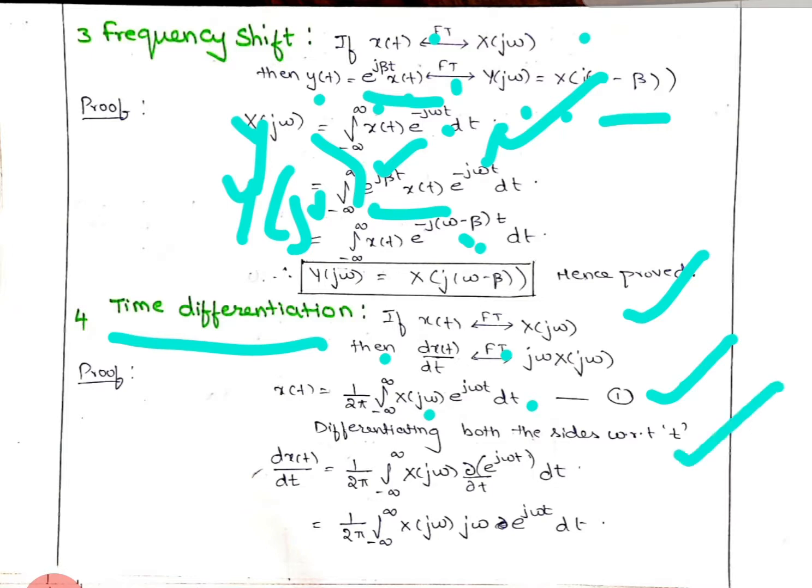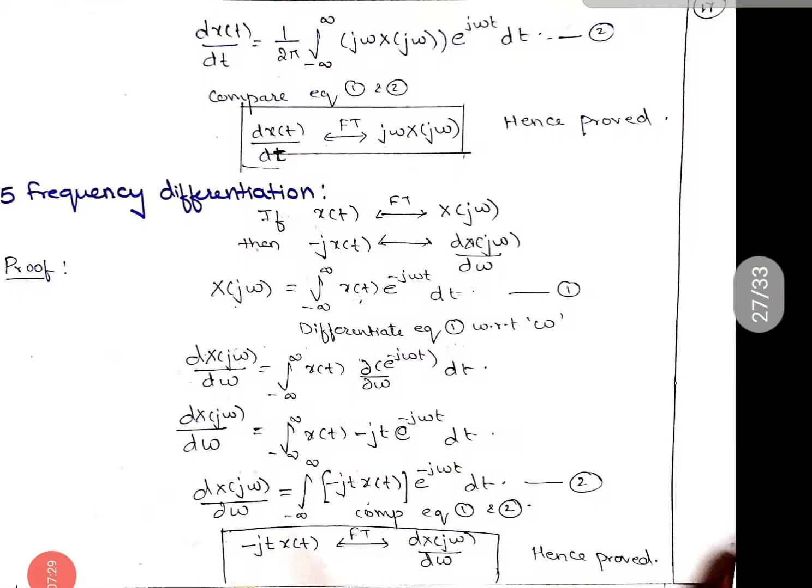Now differentiating equation 1 with respect to t on both sides, we get partial differentiation. Only this term contains t, so on differentiation we get j omega. This is of the form e raised to a theta, whose differentiation is a into e raised to a theta. Now if you compare this equation, d by dt of x of t is 1 by 2 pi times the integral of j omega x of j omega e raised to j omega t d omega.